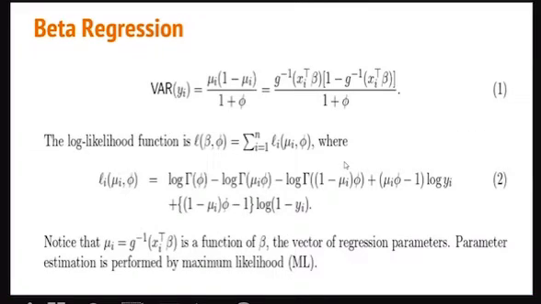But I'm going to tell you something now. Take a look at equation 1, equation 2. Equation 1 is the variance of y_i. Why do I say variance of y_i? Because the variances of the observations are not going to be the same. The variance of y1 will be different from the variance of y2, and so on. And of course, in terms of mu and phi, this is the variance of y_i.